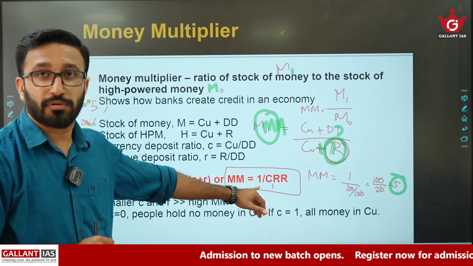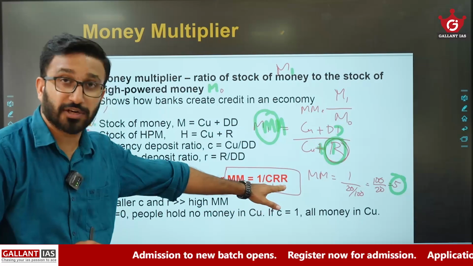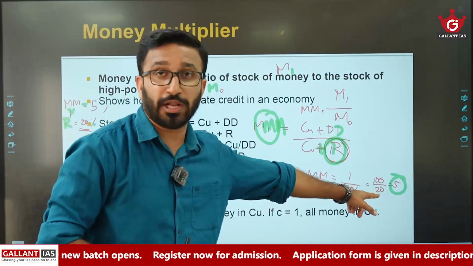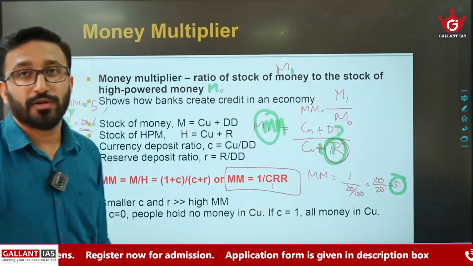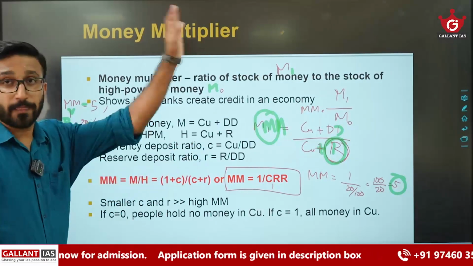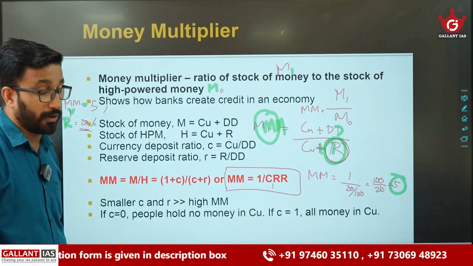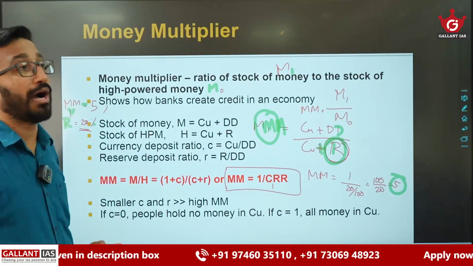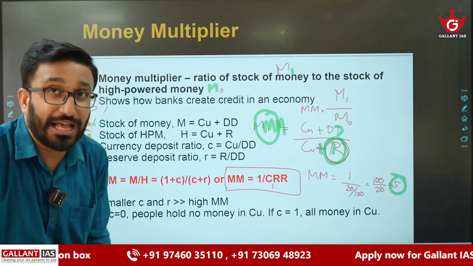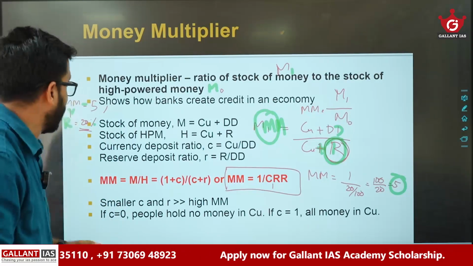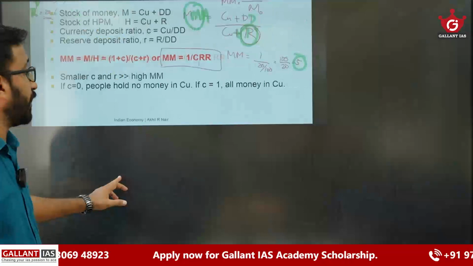And upon substituting the cash reserve ratio as 20% in this equation, it also gives money multiplier equal to 5. So money multiplier is equal to the ratio of stock of money to stock of high powered money, or it is 1 by cash reserve ratio. Whenever the reserve increases, money multiplier gets reduced. That is the thing you need to keep in your mind.